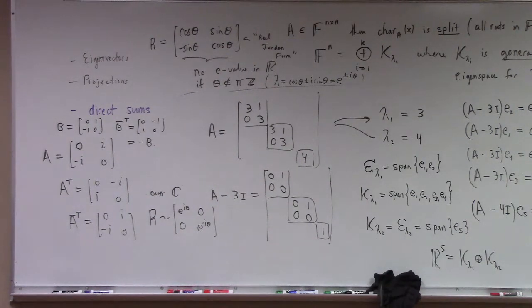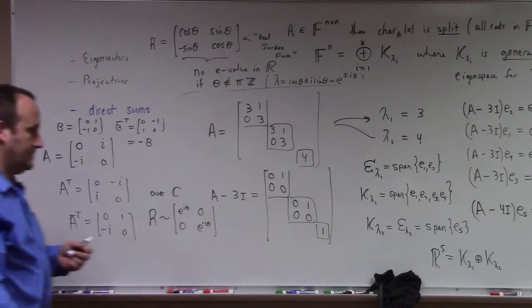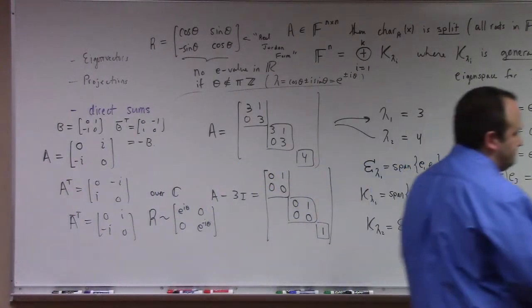Of course, after we were done talking about Jordan form and complex eigenvectors and the real Jordan form, do you guys remember what I mean by real Jordan form?